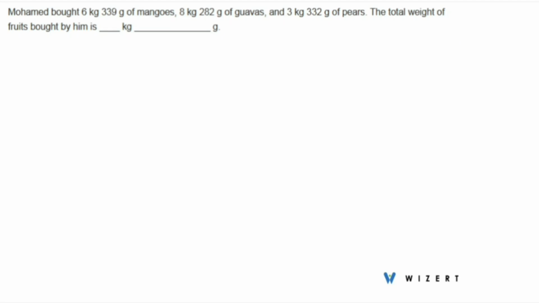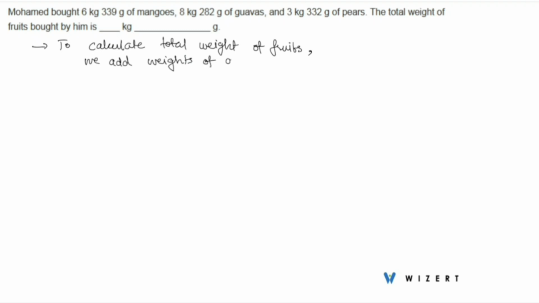So, in order to calculate this, we'll have to add. To calculate the total weight of fruits, we'll have to add weights of each fruit.